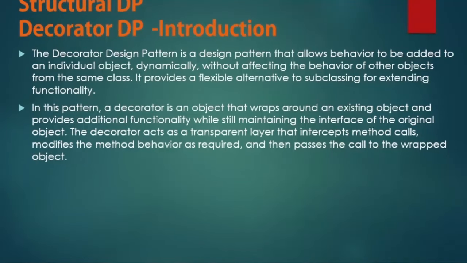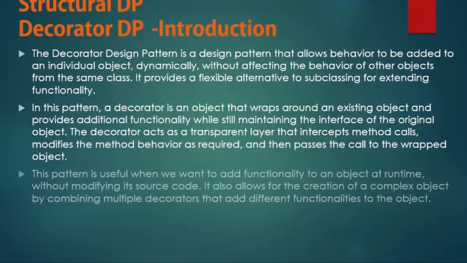In this pattern, a decorator is an object that wraps around an existing object and provides additional functionality while still maintaining the interface of the original object. The decorator acts as a transparent layer that intercepts method calls, modifies the method behaviors as required, and then passes the call to the wrapped object.